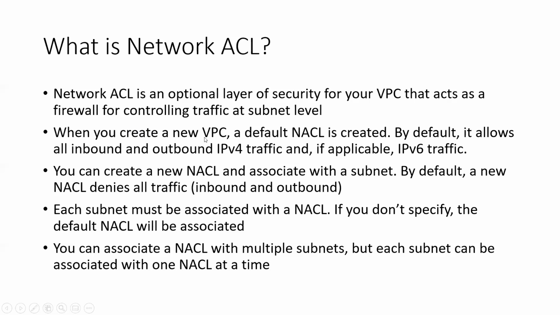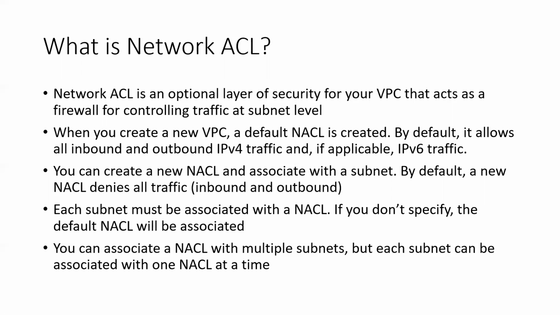When you create a new VPC, your route table gets created, and then your NACL will be created. Now, remember we created two subnets, one public subnet, one private subnet, but we never touched NACL. We never touched NACL because it automatically gets associated to the default NACL. So both subnets would automatically be associated with the default NACL. You got it.